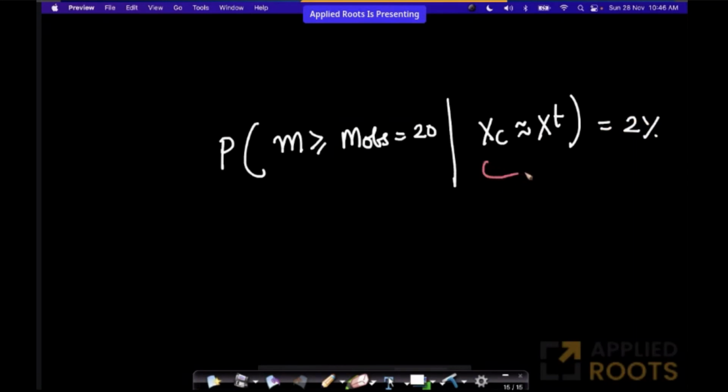In a world where XC and XT are the same, there is still a 2% probability that you may observe a value as extreme as 20 or more. There is still some probability. It's not zero. It's not 0%, but 2% is very small. That's the idea here.